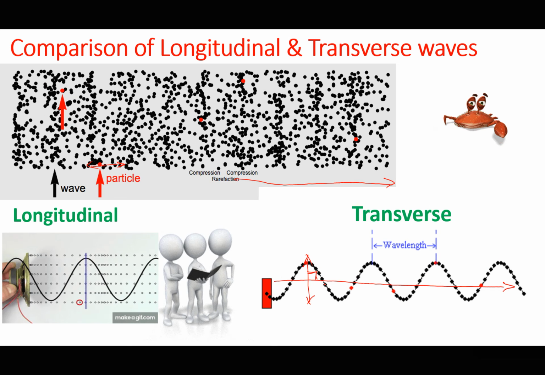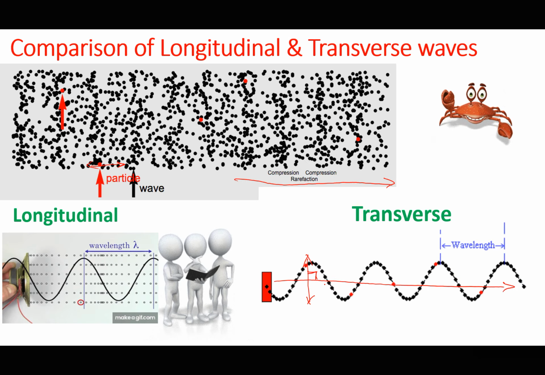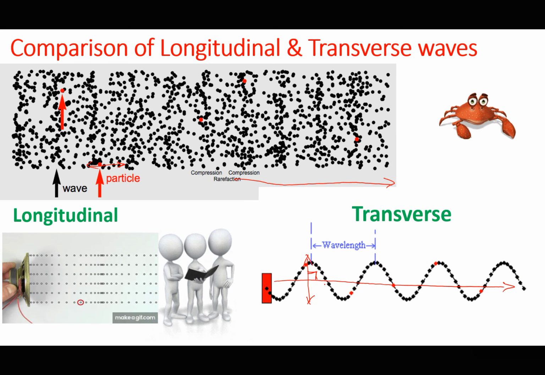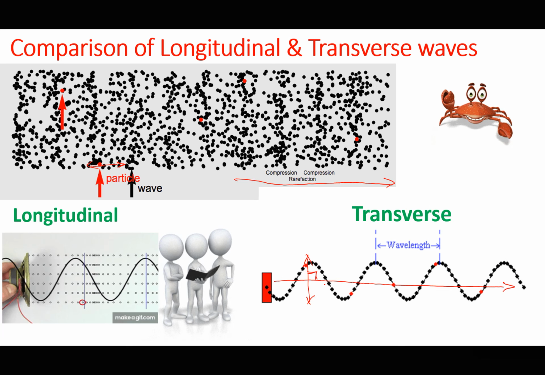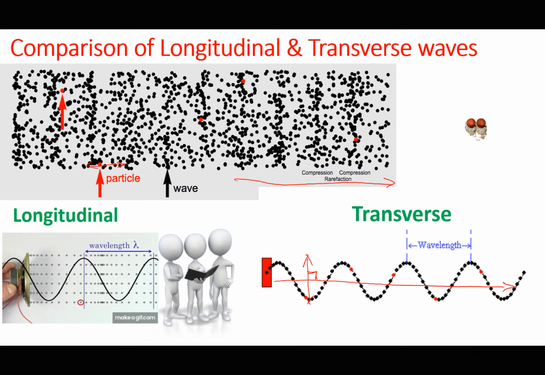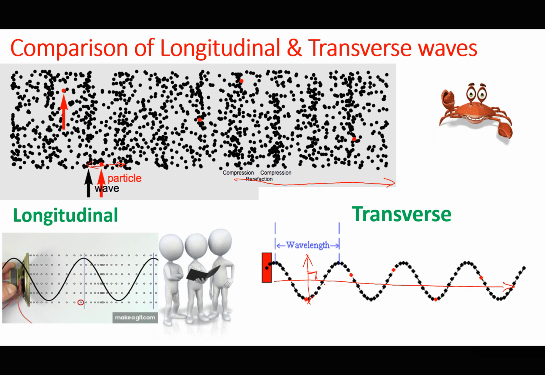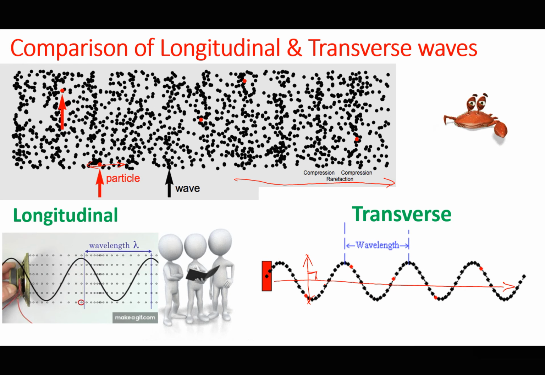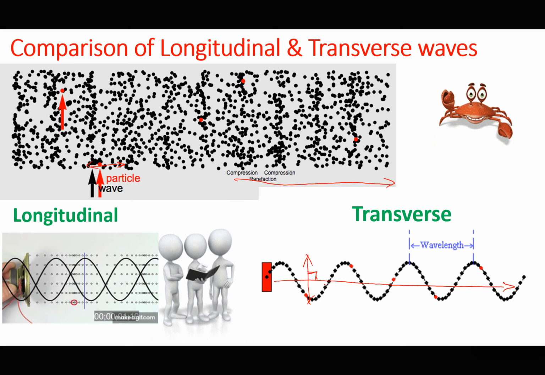The crests and the troughs propagate from left to right because the energy is passing through them, forcing them to propagate from left to right. But the particles themselves do not move from left to right. They vibrate about the same position. Yet for longitudinal, the particles move back and forth. They vibrate parallel to the direction of propagation of the wave energy. So you should mark the difference between those two.